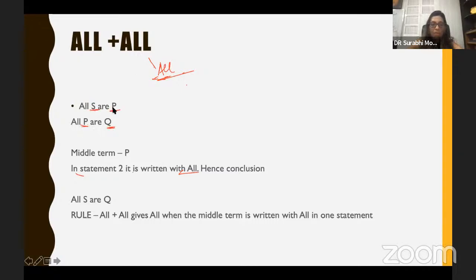What is the middle term? The middle term is the term which is written twice. In statement 1, it's not written with all. But in statement 2, it is written with all. So you remove the middle term, right? And whatever is left is your answer. What is left?